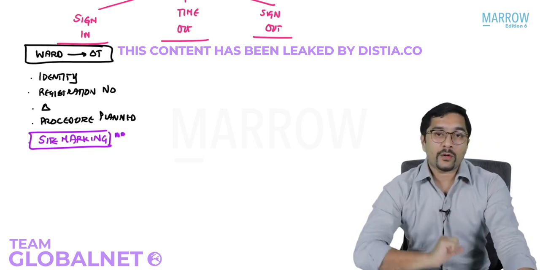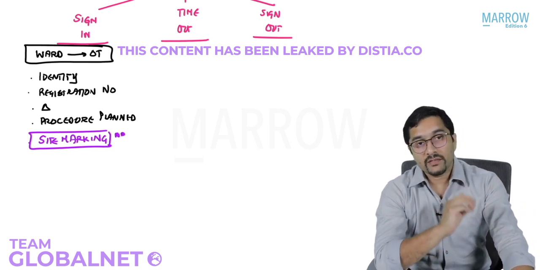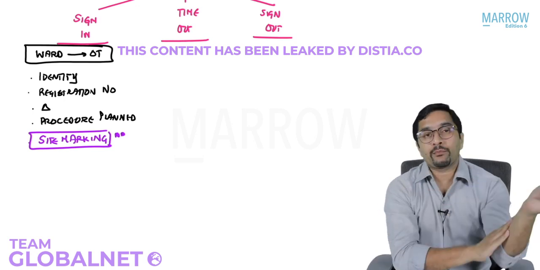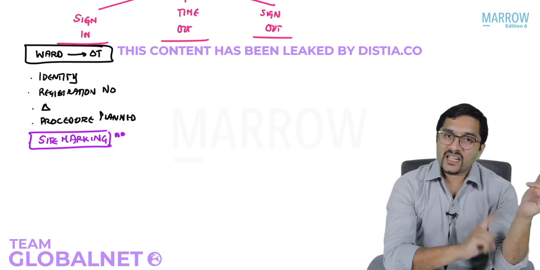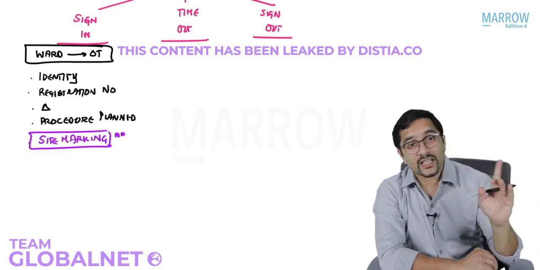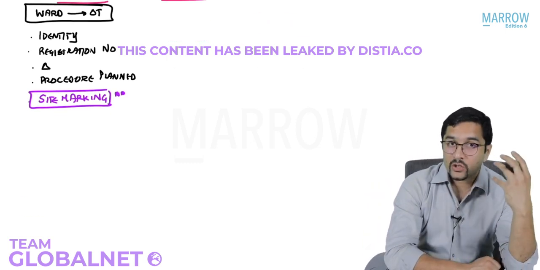And this we confirm from the patient. We ask the patient to say which side the surgery is planned on, which side is the problem. Then we cross-check with the reports and then we put that mark. Until and unless this mark is put, the patient cannot be shifted to the OT. The nurse will not allow it. So site marking also prevents wrong side surgery.